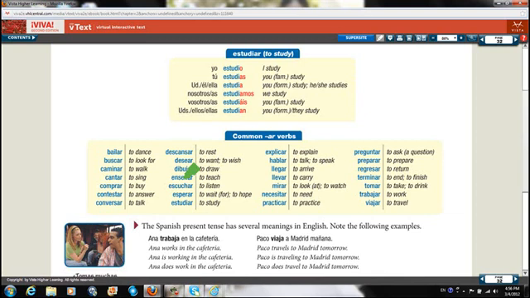And let's say, oh, I know, I want to sing. So we take off the AR, we get our yo, and then the yo ending. Yo deseo. Now, how do we say to sing? Right here.